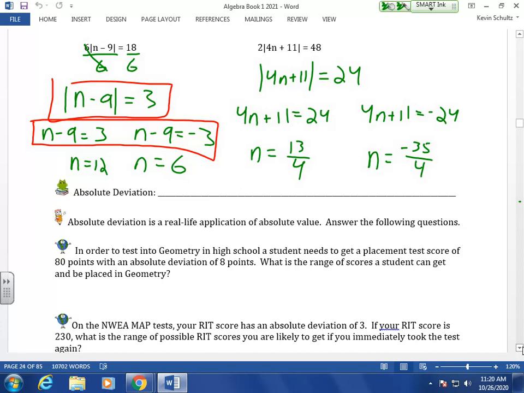Both, actually, right? Because both of them satisfy the requirement that n minus 9 is a distance of 3 from 0. If you plug in 12, then you would get the absolute value of 3 equals 3, which is true, right? If you plug in 6, you get the absolute value of negative 3, which is also 3. So both values satisfy the equation, giving us something that's a distance of 3 from 0.